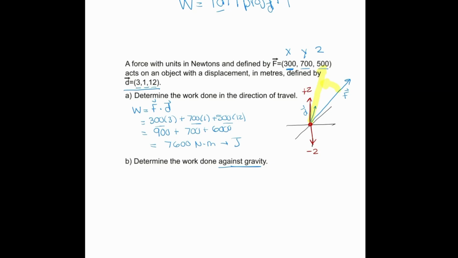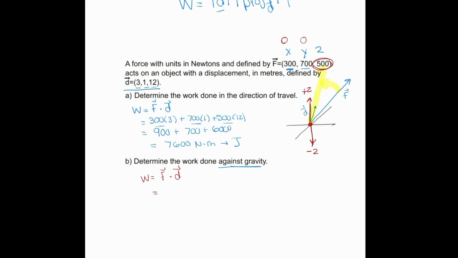So using our same idea that work is equal to the force dotted with the displacement, but remembering that we're only really worrying about this z component of the force as it's affecting the rest of it. So what that means is we're going to say that the amount in the x and the y is 0.